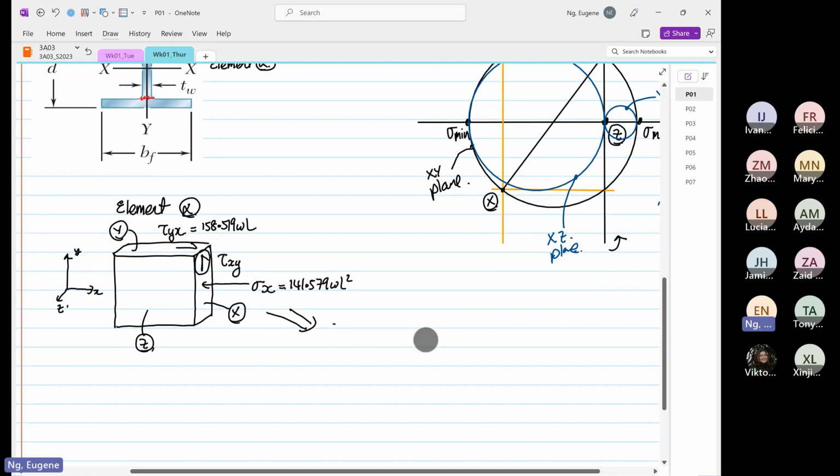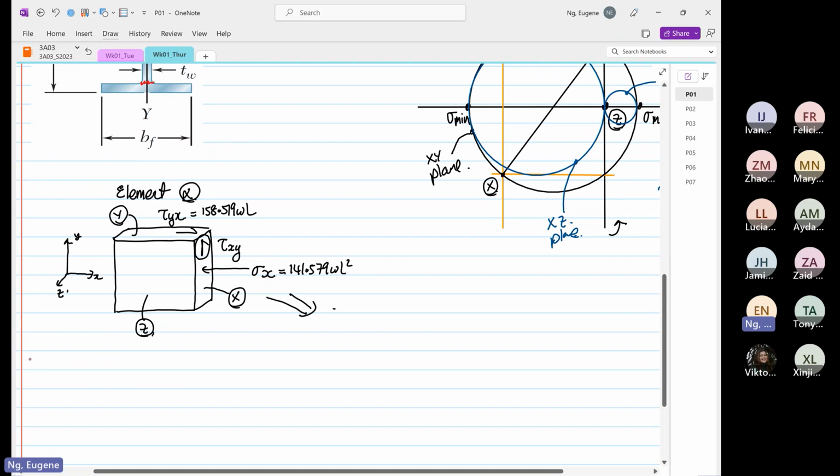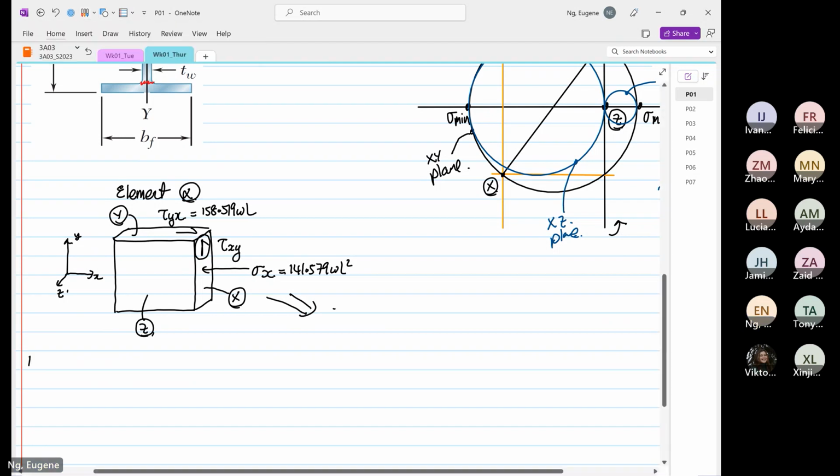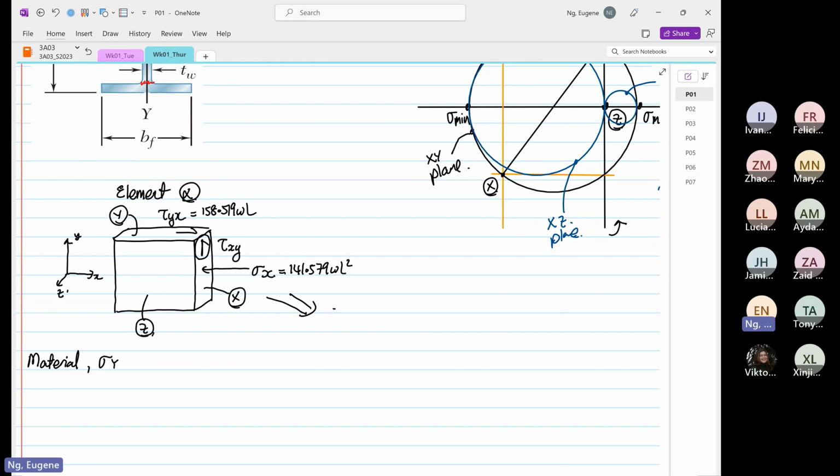What we were given is that the material has a yield stress, and the yield stress is equal to 200 times 10 to the power 6 Pascal.